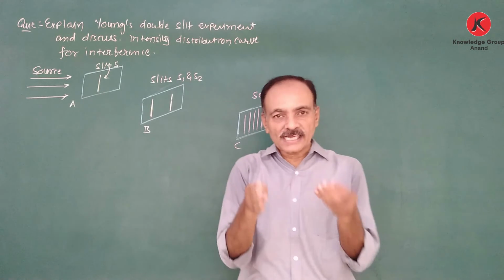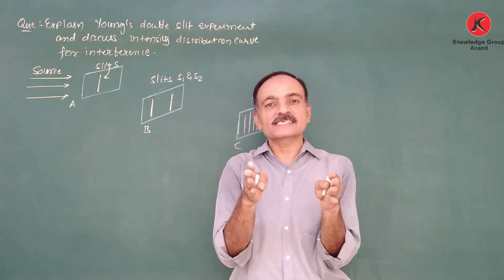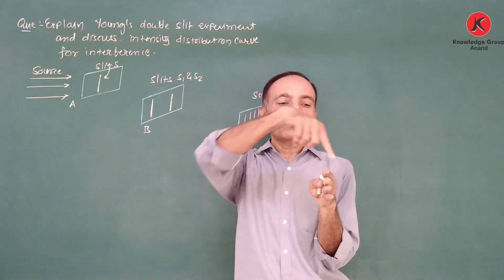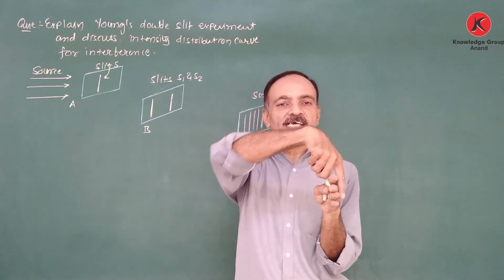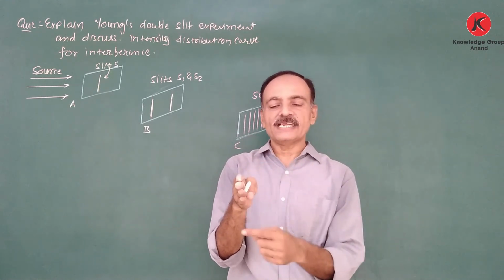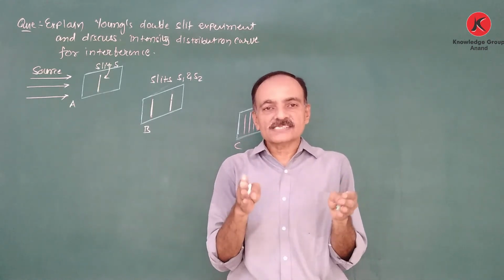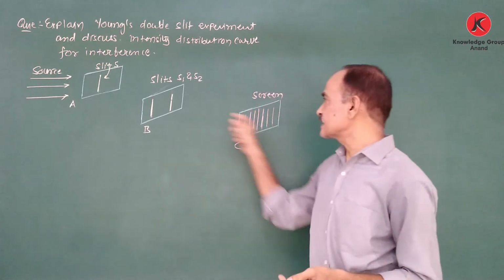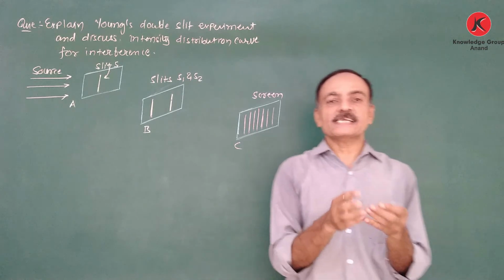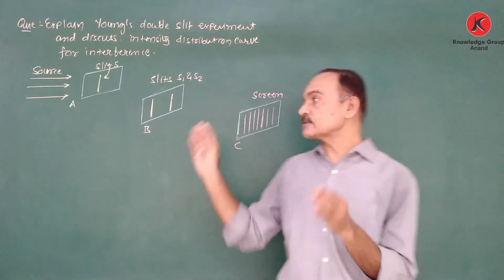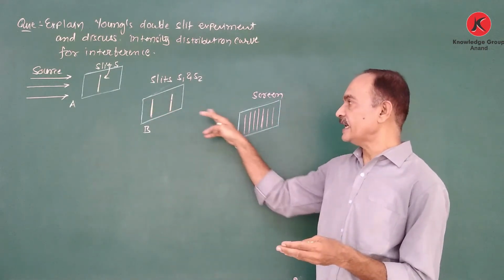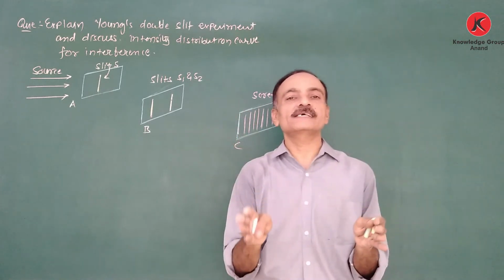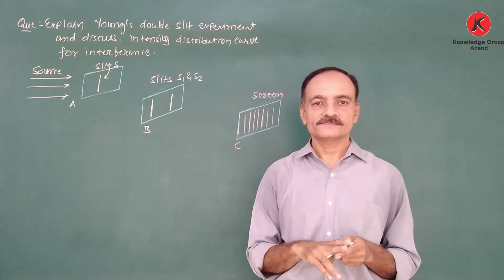Screen A and screen B are kept parallel. On screen A there is one slit S, and on screen B two slits S1 and S2. Screen C is placed far from B, also parallel to screens A and B. All three are parallel to each other.